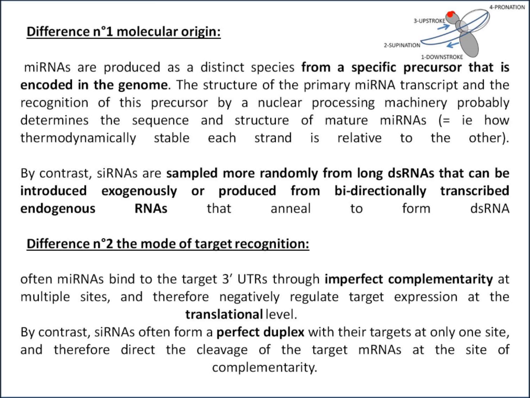So miRNAs usually bind to the target's 3' UTRs with imperfect complementarity at multiple sites and negatively regulate target expression at the translational level. In contrast, siRNAs usually form a perfect duplex with their target, so exact matching at a single site, and therefore are able to directly cleave the target mRNA at the site of complementarity.